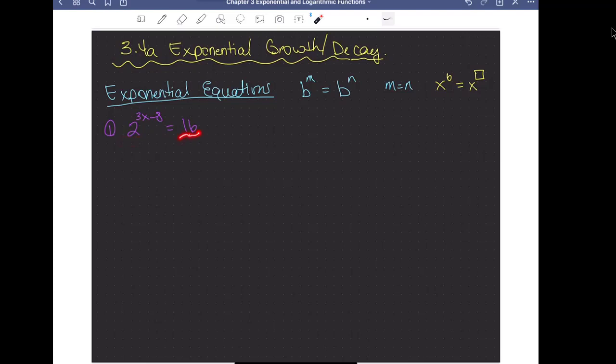So when I look at my problem over here, my base is 2, and then my base on this one is 16. Right now they're not the same, so I've got to try and make them the same. I usually look for the smallest number, 2. Is there a way that I can write 16 so that it is actually 2 raised to some exponent?